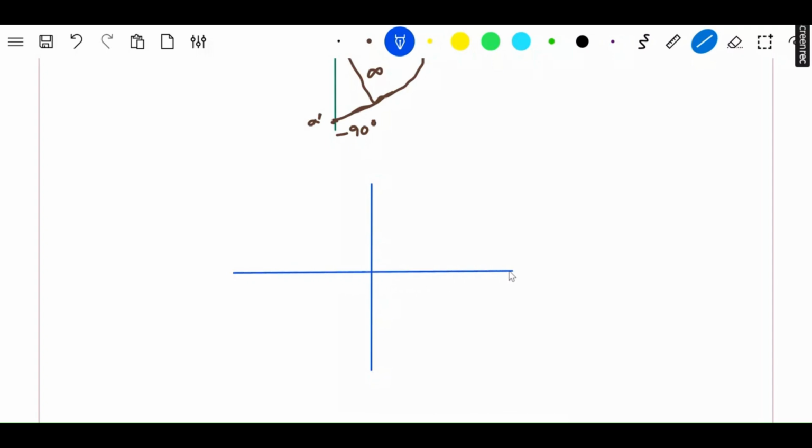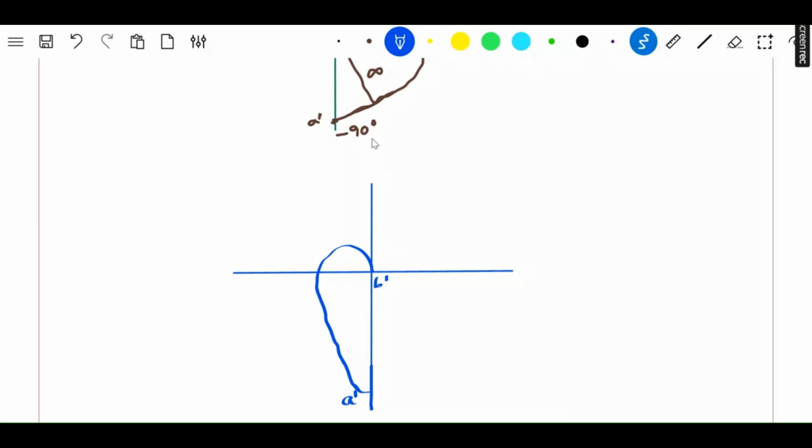Now, we had one curve coming in this direction, meeting, this is A dash, this is B dash.